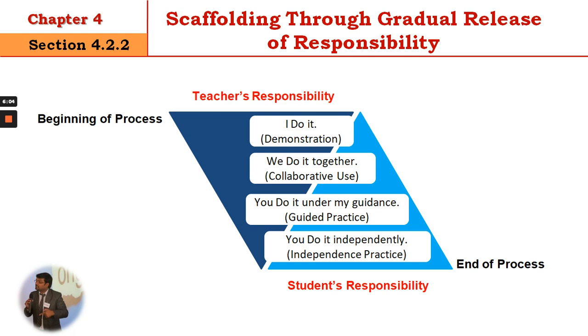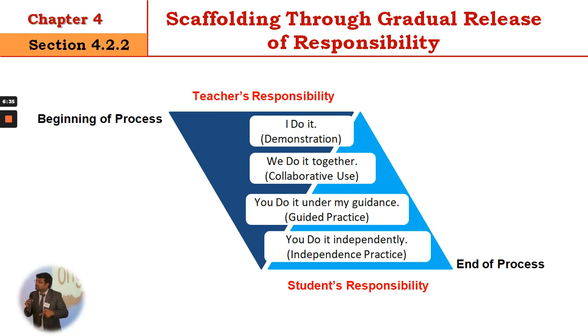At the end of the process, it is completely the student's responsibility to do the task. At the beginning, it was the responsibility of the teacher to demonstrate, to show, to model the task or activity. So this is a very, very important concept. I do it, we do it together, then you do it under my guidance, and then you do it independently so that you become an independent learner. So this is how it has to be done in the classroom.